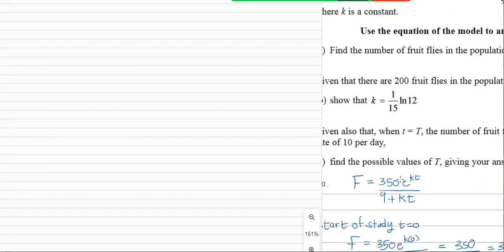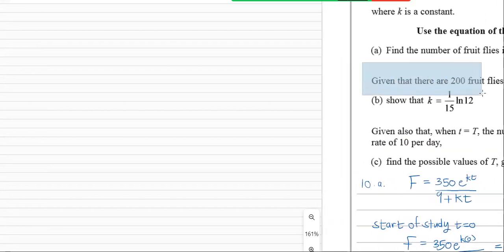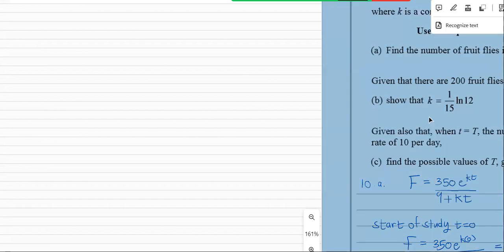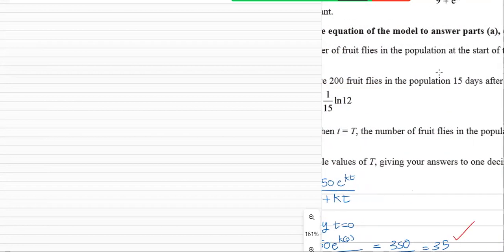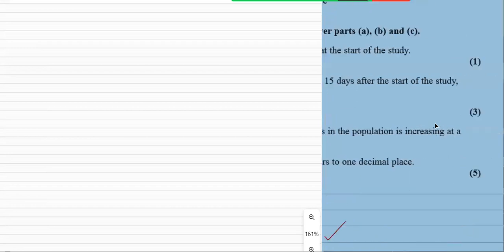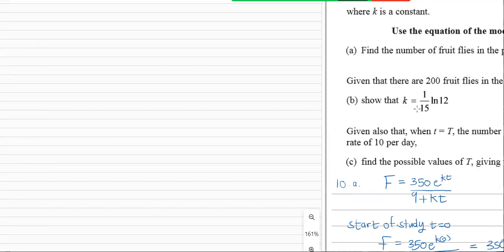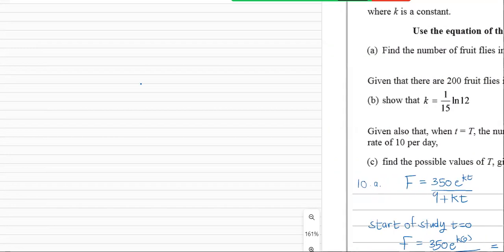Number 10B, they give you some more information. So they give you that there's 200 fruit flies altogether and that it's 15 days later. So I would immediately write this down or highlight it or something. 200 Fs, this is fruit flies, and the population is 15 days later.